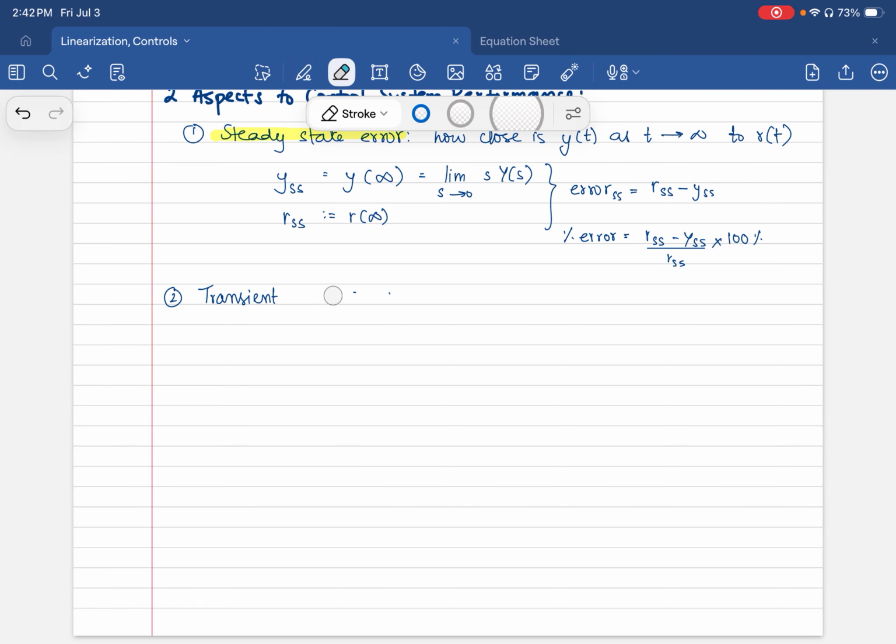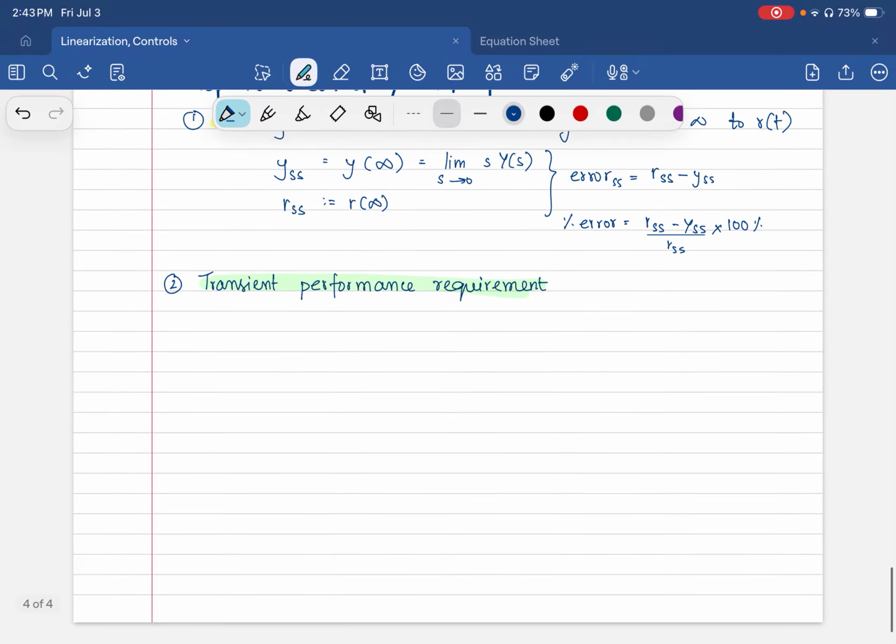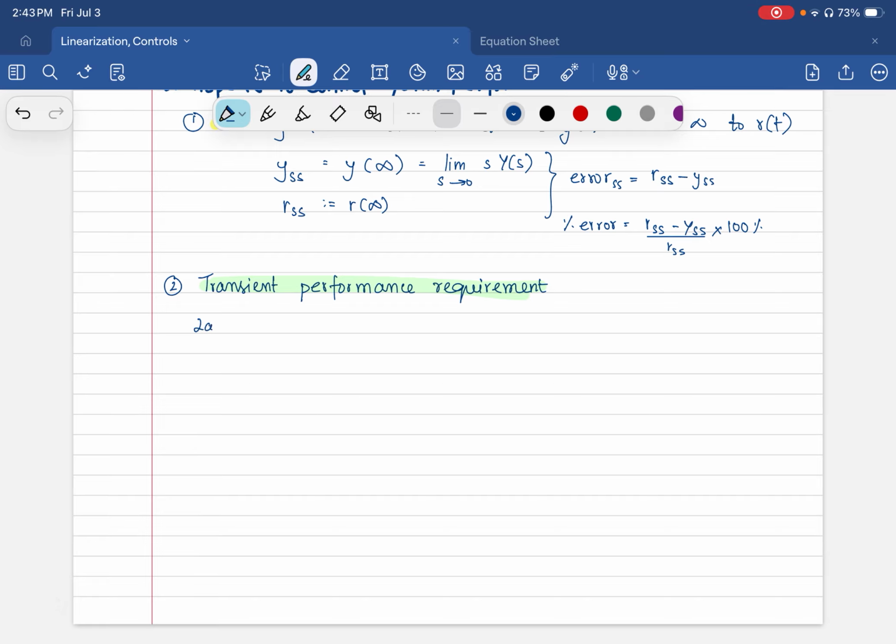I'm going to call it transient performance requirements instead of transient behavior because we've studied transient behavior. This is more about defining a control system. So the first part, which I'm going to call 2A, is the settling time.